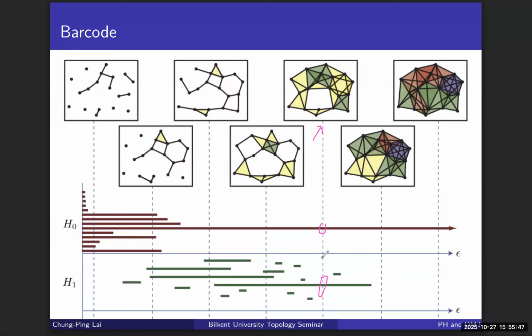So that's something. And if we look at the final frame, with the radius really large, everything is fully connected. So we just have one H0 component, and all the H1 components are also gone.